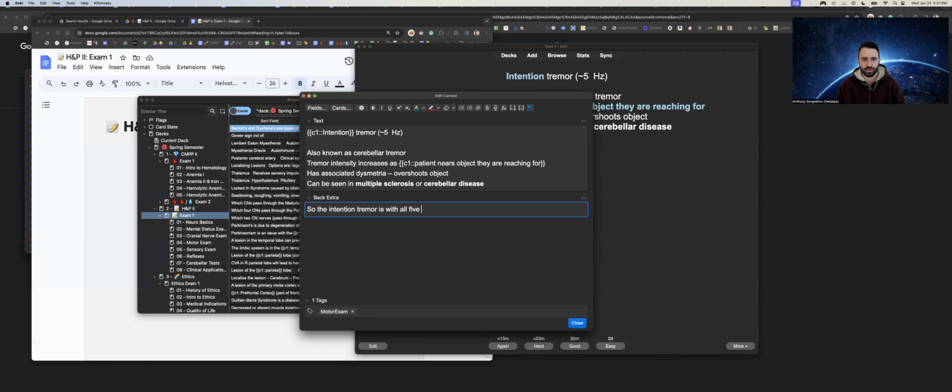It's 5 hertz and gets worse as we near the object. And this is MS and any balance cerebellar things. So we'll try to remember that.